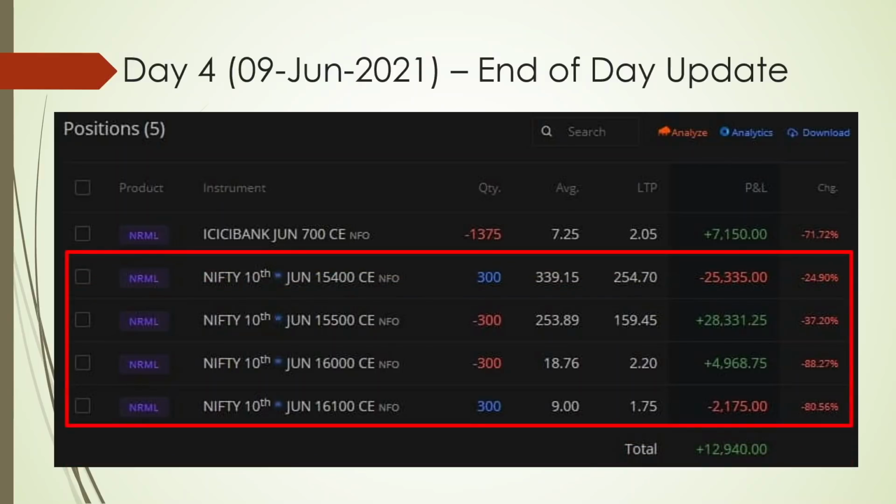This is the call condor we are talking about, and let's see. The call condor has further increased the profit to 5,790. So from yesterday to today, we have got another 800 to 900 rupees profit, because I think yesterday it was about 4,900 something.